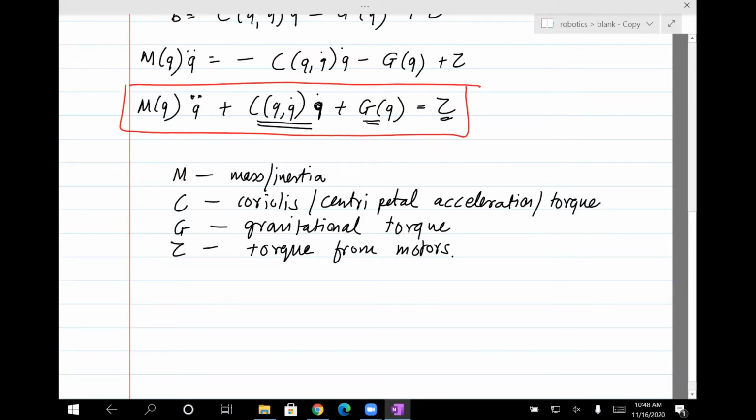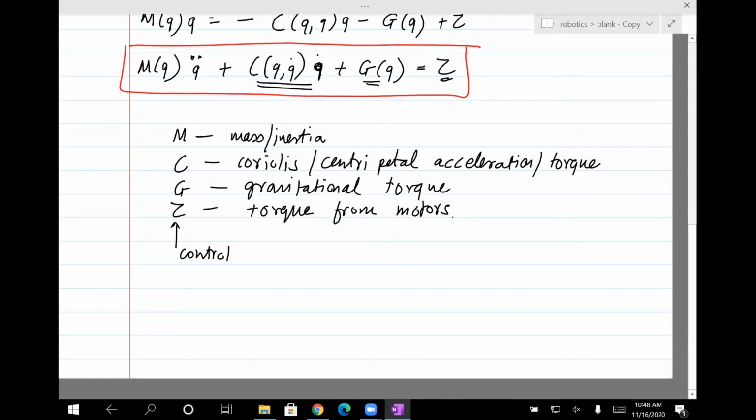Okay, so what we are interested in here is trying to control tau such that we get the manipulator to do things we care about. So for example, if you want the manipulator to go from point A to point B when there are dynamics, then the question is, how do we control this torque? And so far, we've not looked at the case where we had control over the torque.